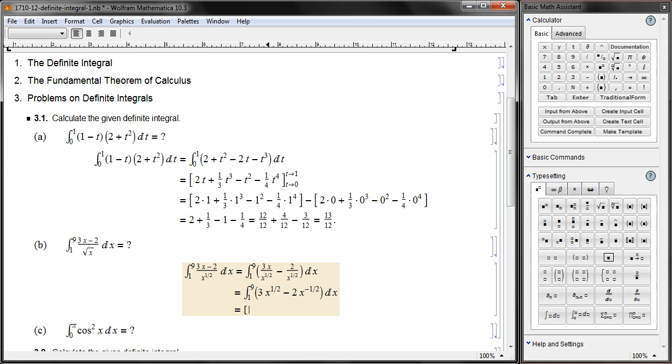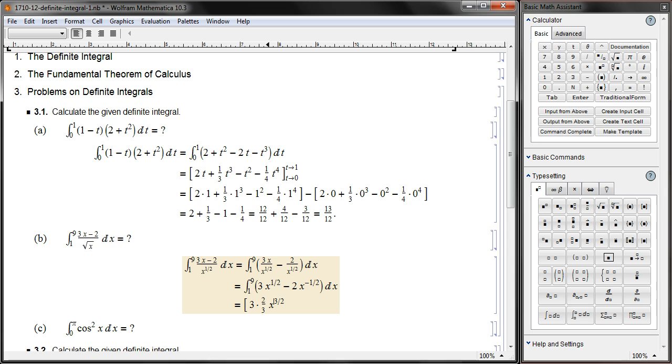Okay, let's calculate the antiderivative. 3 is the coefficient, so it stays there. Add 1 to the power, and then we have to divide. That's the essence of the power rule. Then 2 times x to the, add 1 to the power, so 1/2 power, and then divide, reciprocal.